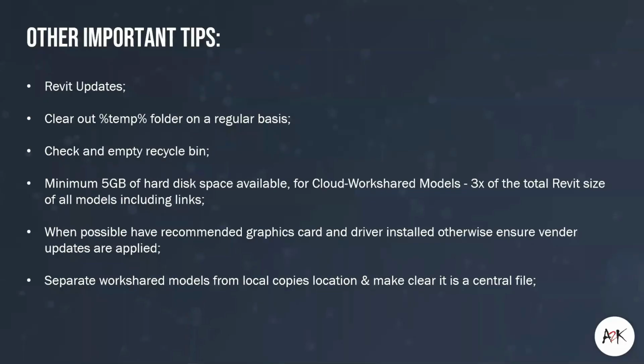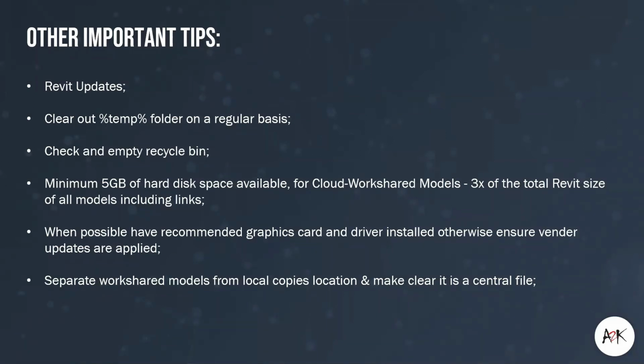Other important tips that I want to highlight at this stage. Revit updates are a big one. When you're working in a team environment, make sure everyone within your team has the same updates applied. Revit updates will not only fix bugs, but it will also update collaboration functionalities for those on BIM 360.